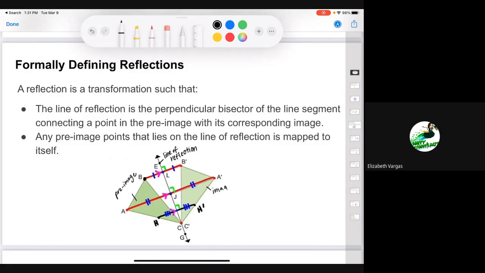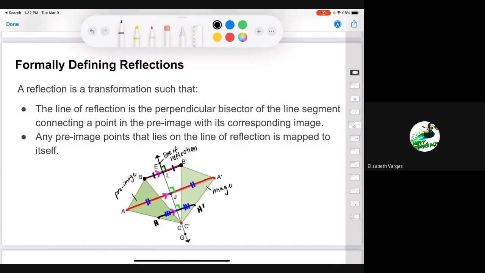So what is it saying? Well, it's saying that the line of reflection is the perpendicular bisector of the line created between my pre-image and my image. If I were to draw a line between my pre-image and my image, like I see here, the line of reflection would act as the perpendicular bisector, so it would be perpendicular to it at a 90-degree angle, and it would cut it into two congruent halves, like this.